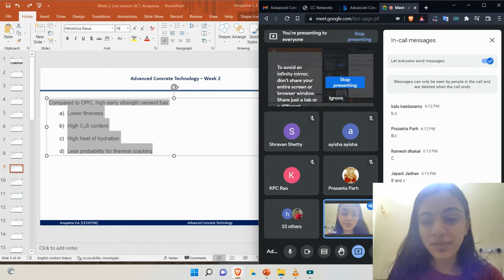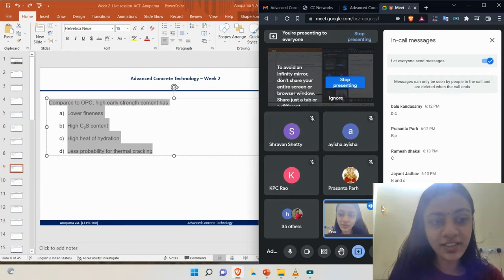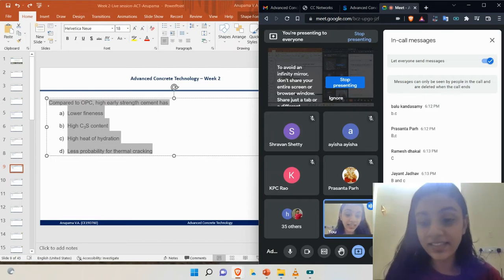So option B is definitely an answer. Now, when there is high C3S content, there will be high heat of hydration, because the rate of hydration will be much higher. So the correct answers are B and C.